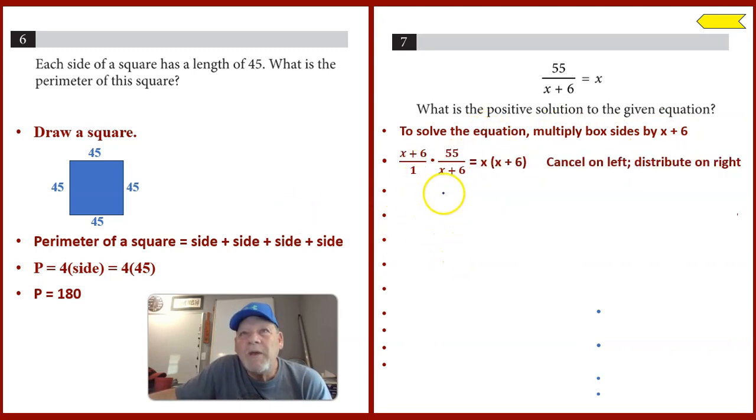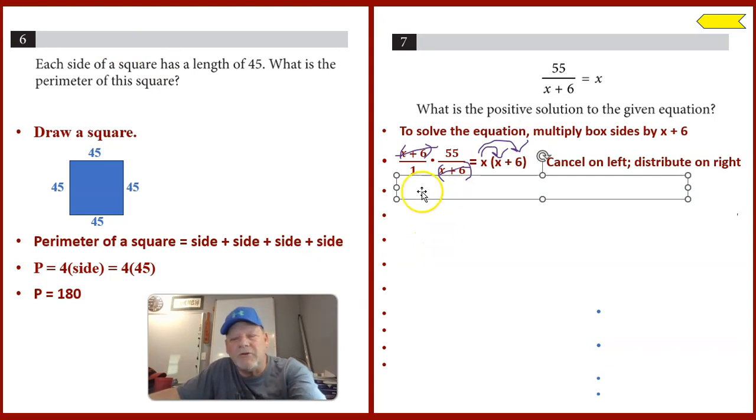Remember, this x plus 6 in the denominator is a quantity. So I multiply by a quantity so that these two will cancel out as a common factor. Then I'm going to have to use the distributive property to write x times x and then x times 6.